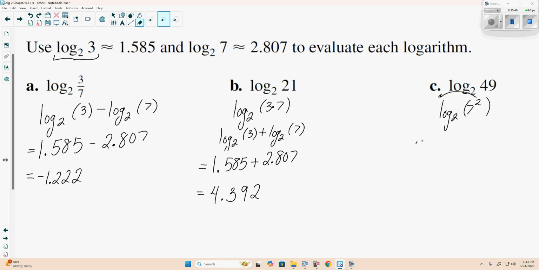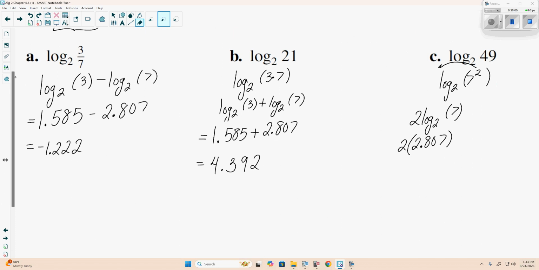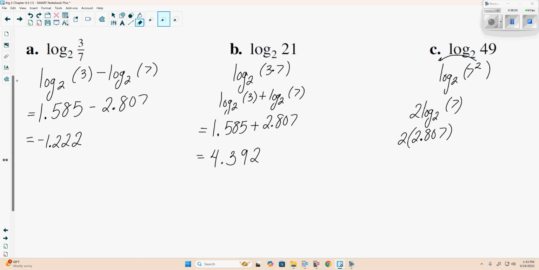And according to our power property, we can move the 2 out front, telling us that we just have 2 times log base 2 of 7. Now, since we know that log base 2 of 7 is 2.807, we replace it with that value. And then we just need to multiply it by 2, telling us that it's going to be 5.614.